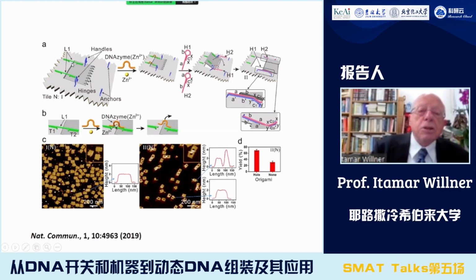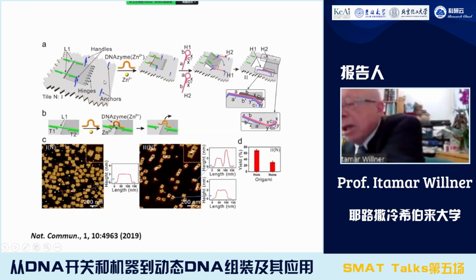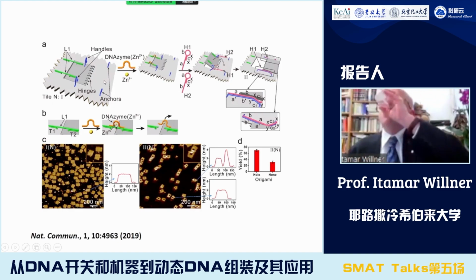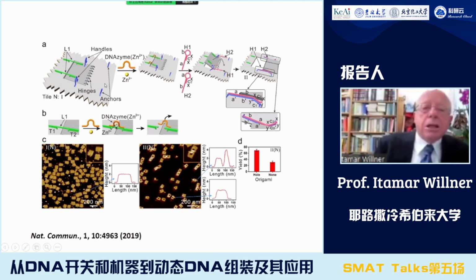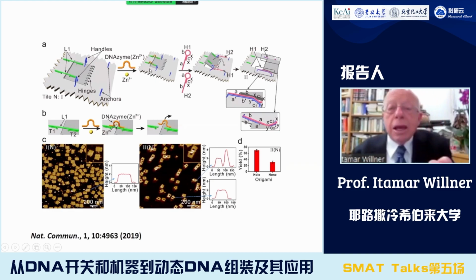In the presence of the DNAzyme, and in this case, it is a zinc-dependent DNAzyme, the zinc-dependent DNAzyme unlocks the lock, it cuts the lock, and two hairpins, H1 and H2, act as ropes.